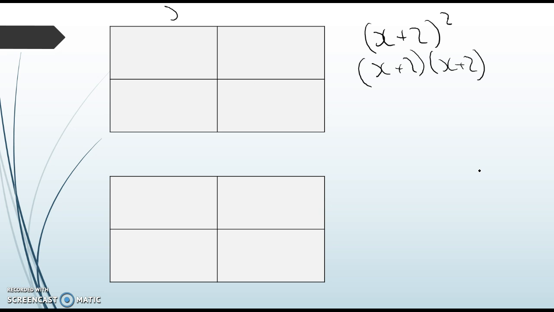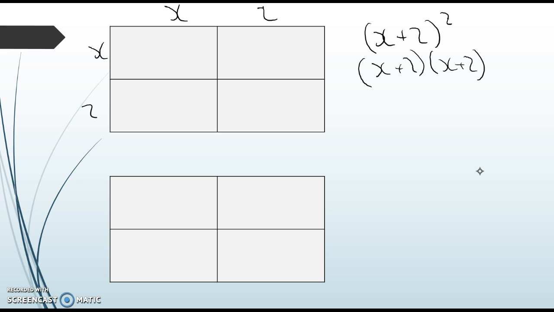Let's see what happens if we start using some variables within this rule. So let's say we have x plus 2 squared. So we have two numbers that will actually be squared out. This is written as x plus 2, x plus 2. And that's the same thing. So we have x and 2, x and 2.